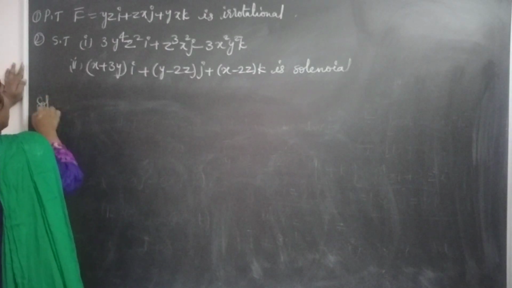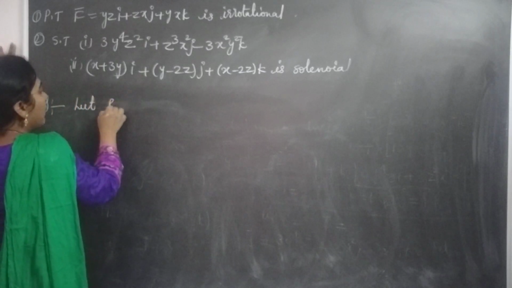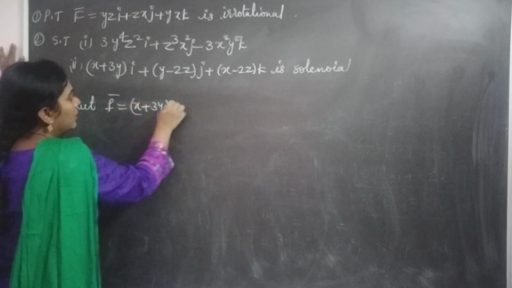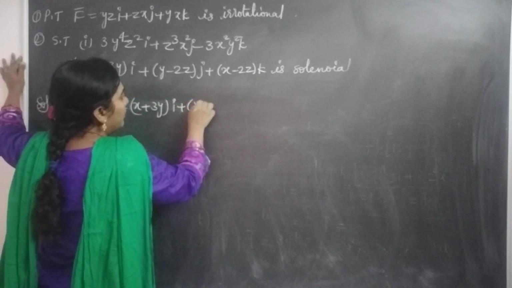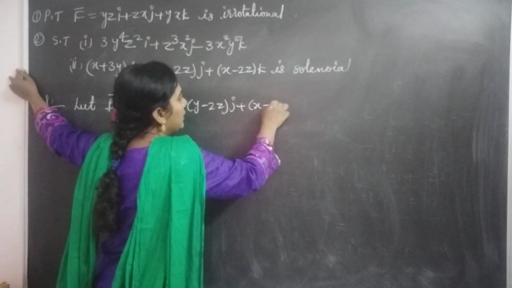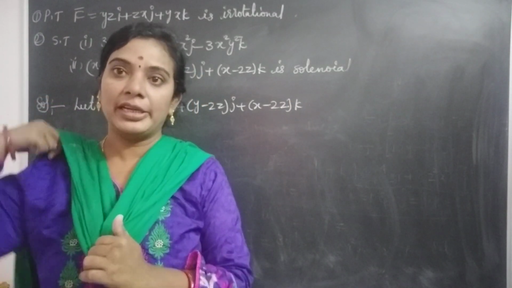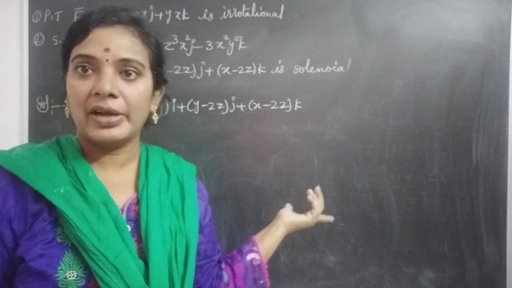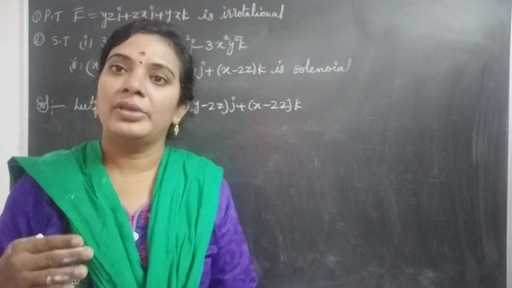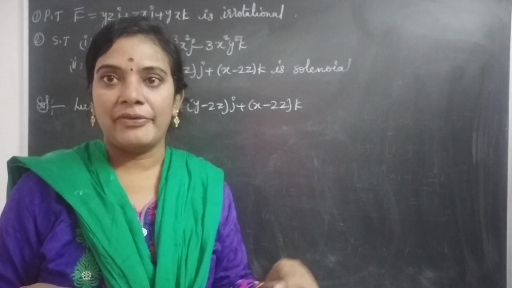We can find out div f̄. Let f̄ = (x + 3y) i + (y − 2z) j + (x − 2z) k. We can prove that it is solenoidal. In the first problem it was also solenoidal, but in that case we found the individual partial derivatives of the f vector.